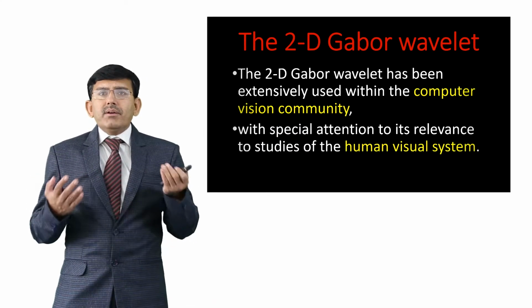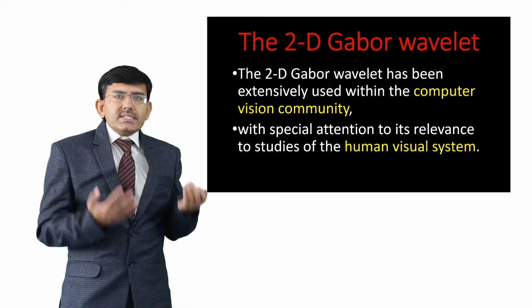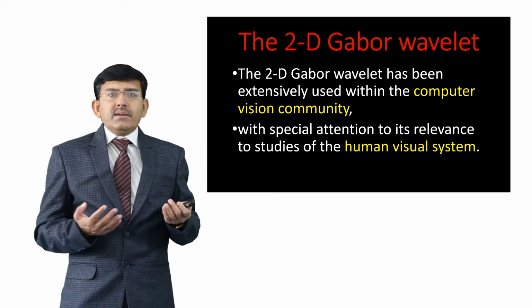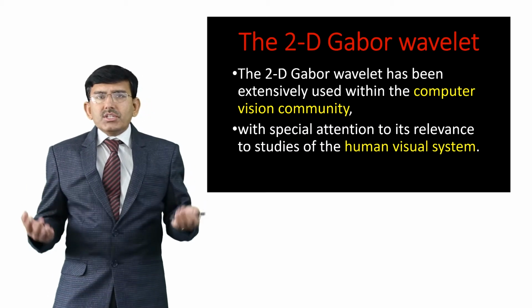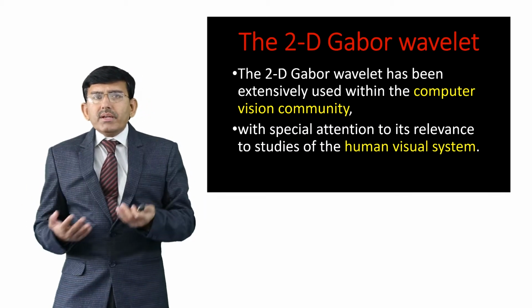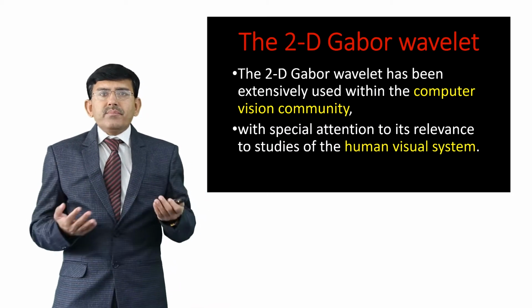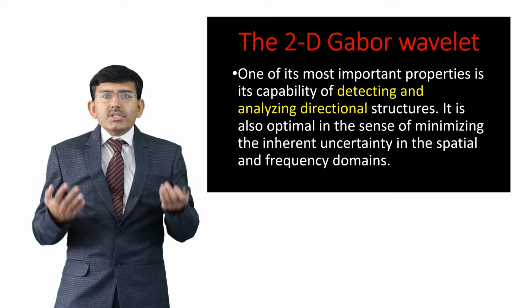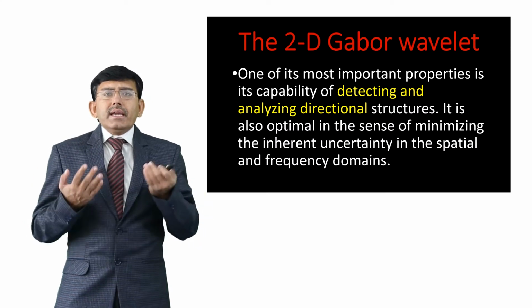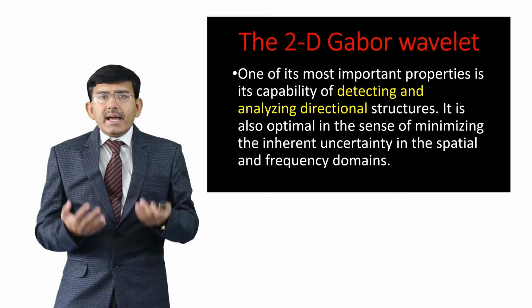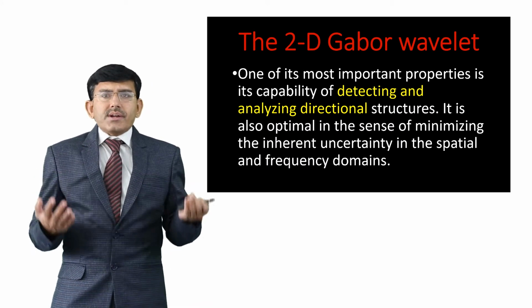The 2D Gabor wavelet has been extensively used within the computer vision community, with special attention to its relevance to studies of the human visual system. One of its most important properties is its capability of detecting and analyzing directional structures.